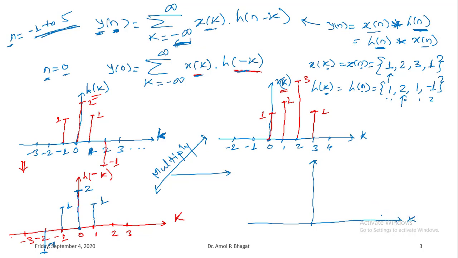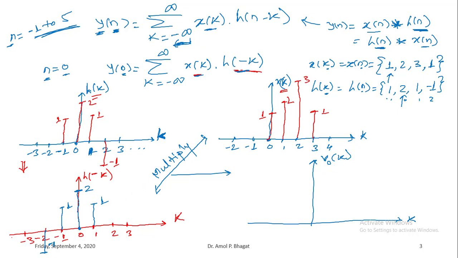Again on the x-axis I will be plotting k, and this multiplication sequence I will represent as v of k, just for the product sequence. But since I am identifying this multiplication for n equals 0, I will specify it as v0 of k.